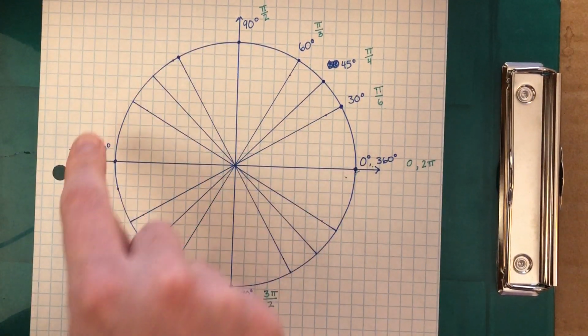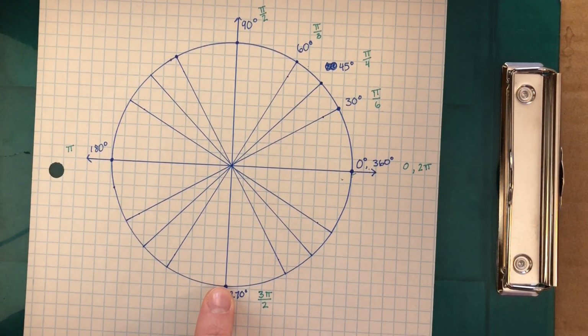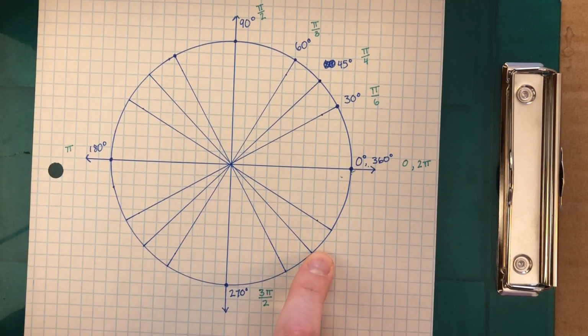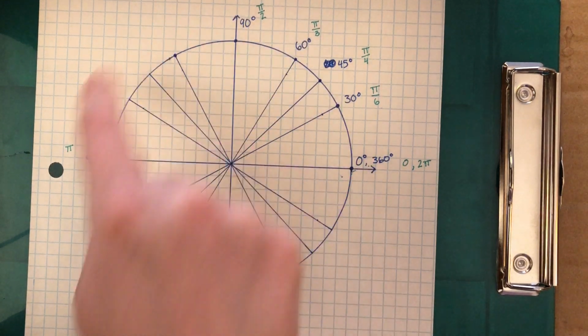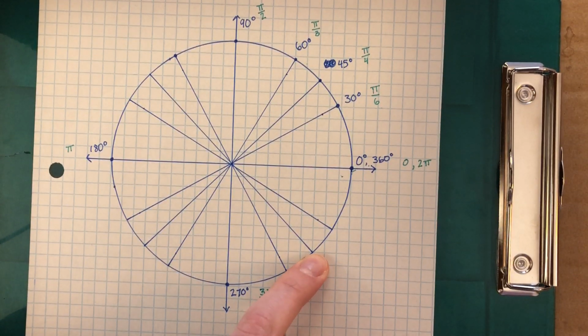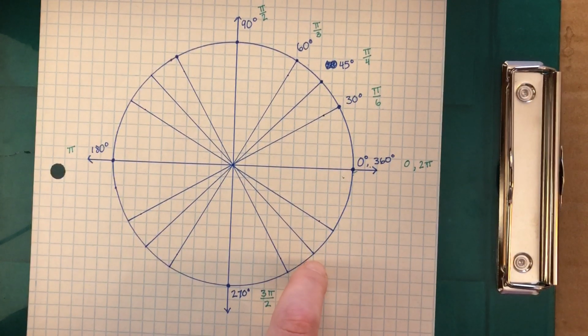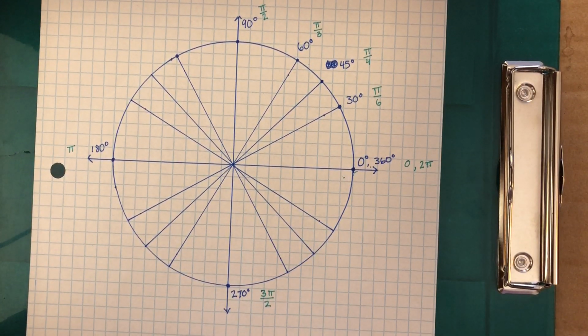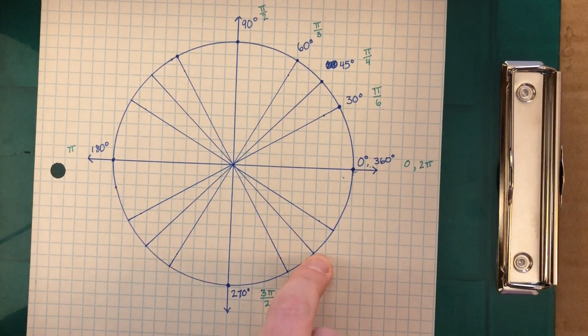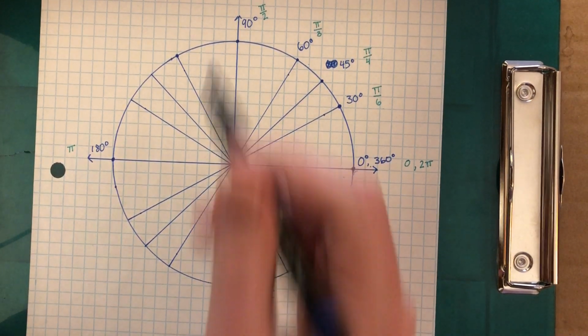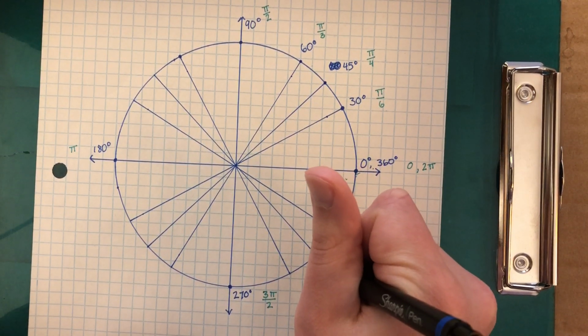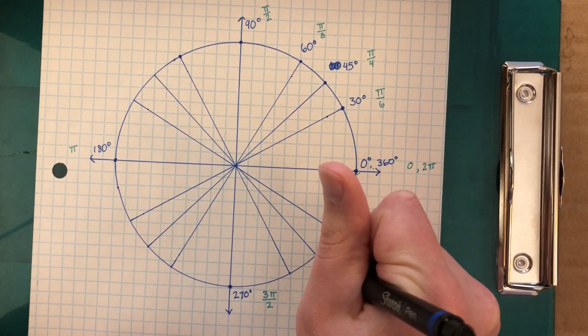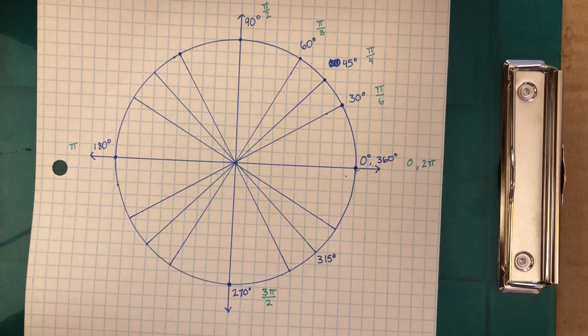We could go 90, 180, 270, and then 45 degrees more after that. So that would be 270 plus 45 degrees, or 360 minus 45 degrees. Either way you think of it, that is 315 degrees.